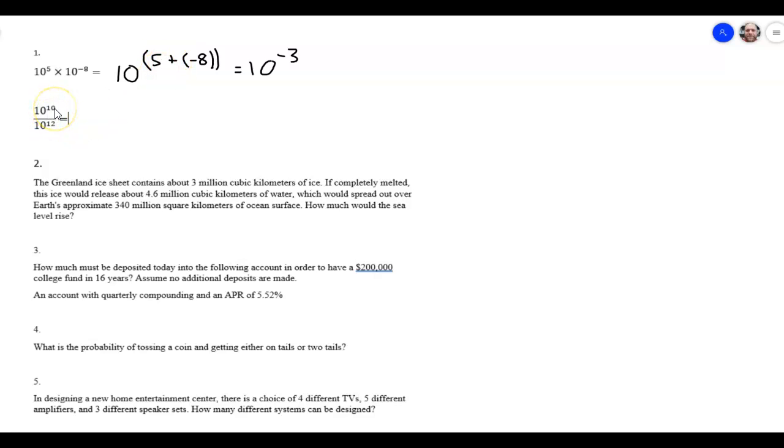You put the top number first, and then the bottom number second. So in this case, 10 raised to the top number goes first, minus the bottom number, 12. And 10 minus 12 is negative 2, so this becomes 10 raised to the negative 2 power.